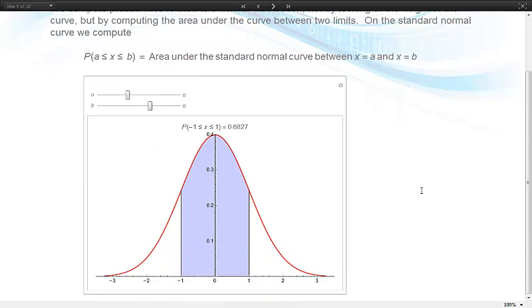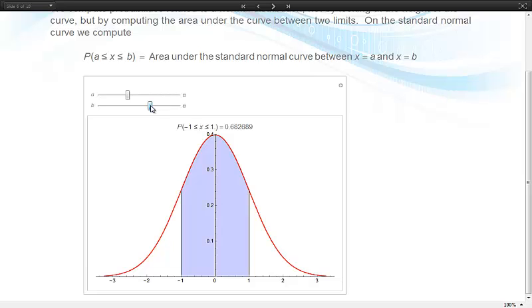So here's an example. The probability of finding a value between -1 and 1 on the standard curve is about 68%, or 0.68. Notice the actual number is 0.6827. And notice that corresponds not to the height of the curve, which is 0.4 at the top, but to the area, the shaded area under the curve here.